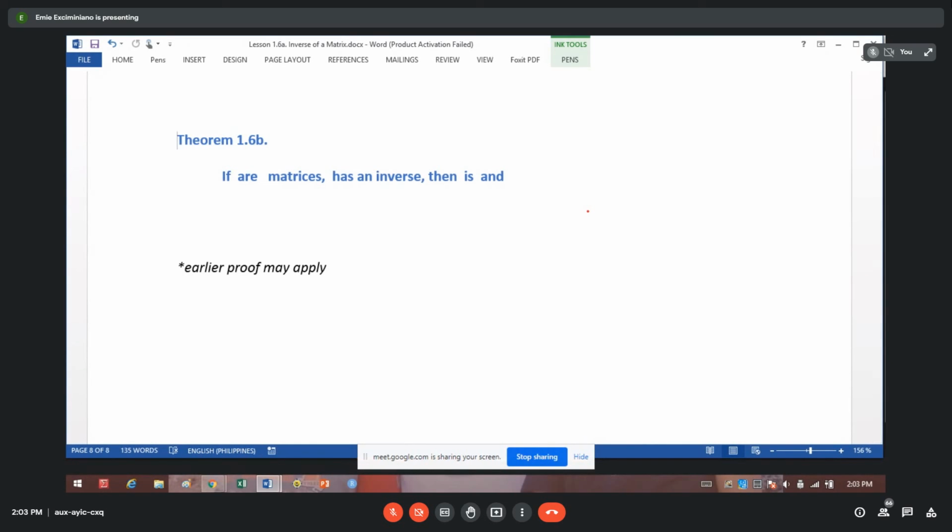Kapag meron kayong matrices A1, A2, up to AR, meron kayong R matrices, and ang size niya lahat, syempre, N by N, non-singular.